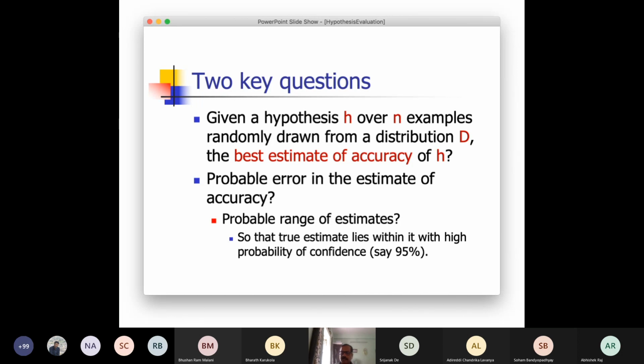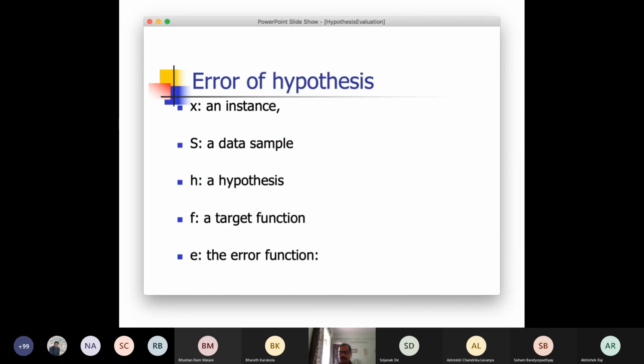What is the range on which these accuracies would most likely lie, with probability say 95%? These are the things we will be considering while evaluating the hypothesis and checking its performance. We will present a very brief outline of this analysis.